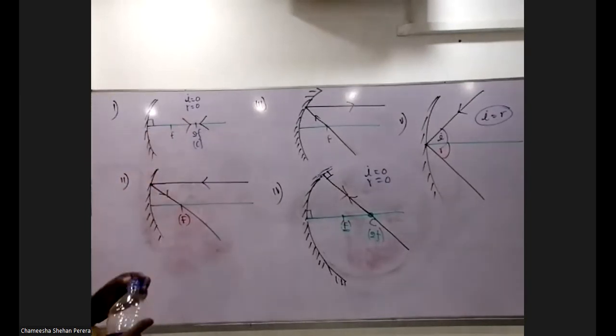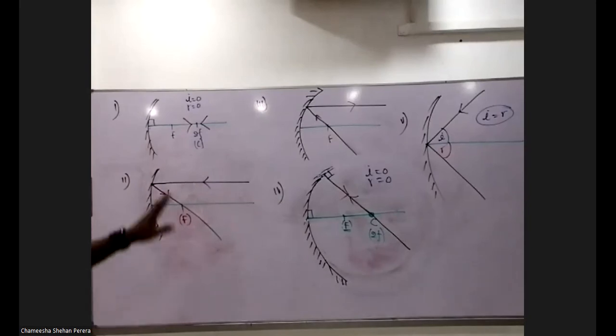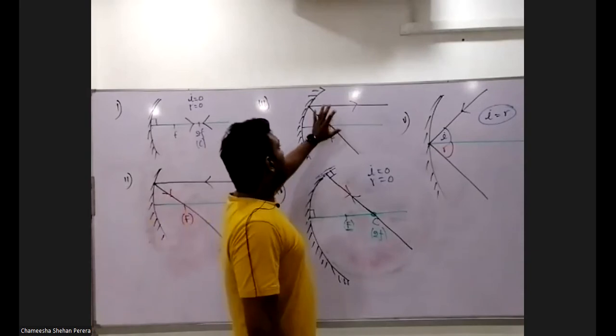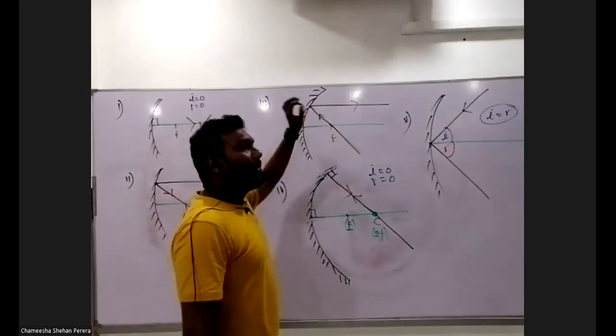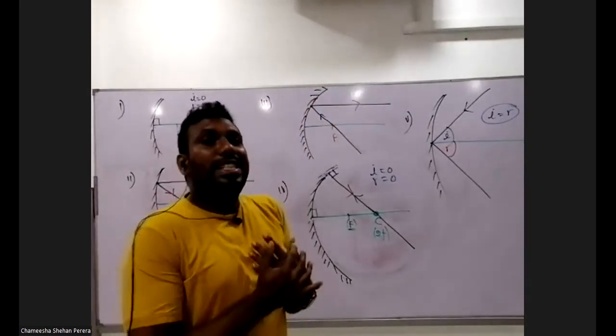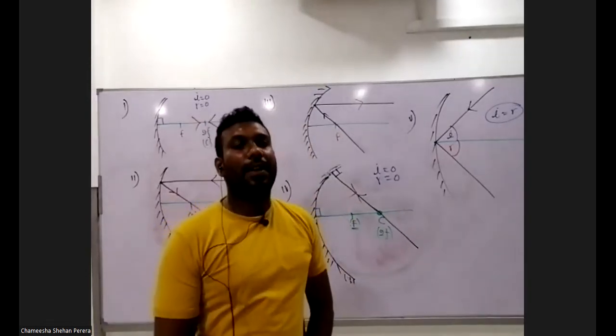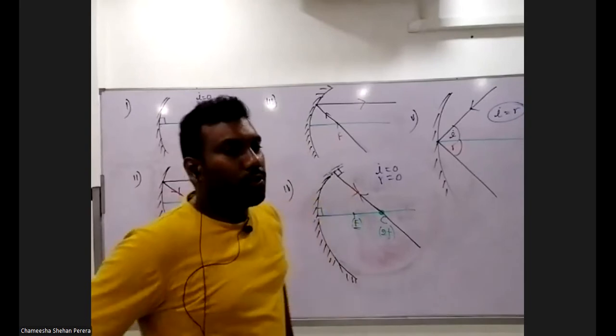Yes, sir. Right. So from the very beginning, we have to know all of these laws, because from here onward we will be keeping objects in front of the concave mirror and we would see how the image is formed after light gets reflected back from the concave mirror. So you need to know them well.